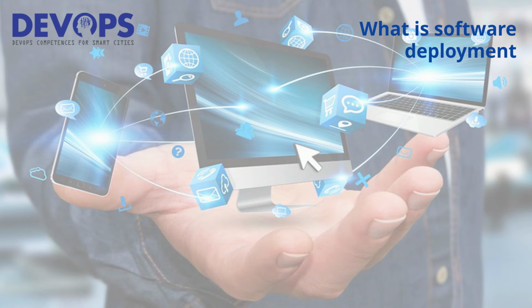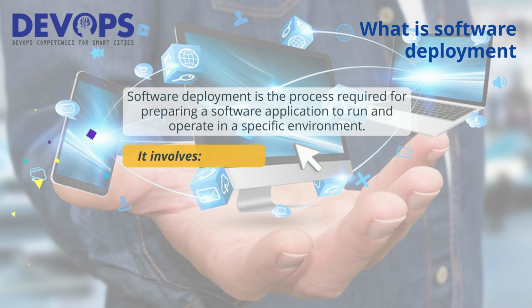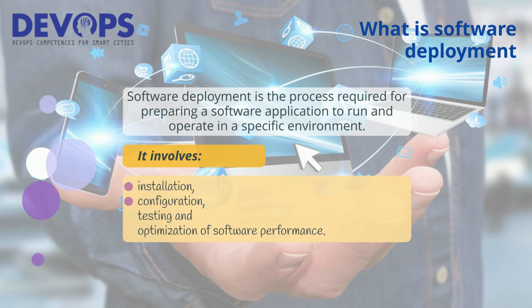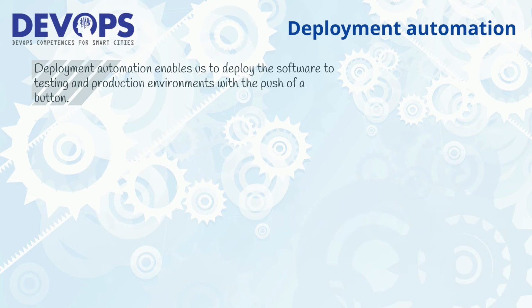What is software deployment? Software deployment is the process required for preparing a software application to run and operate in a specific environment. It involves installation, configuration, testing and optimization of software performance. Deployment automation. Deployment automation enables us to deploy the software to testing and production environments with the push of a button.